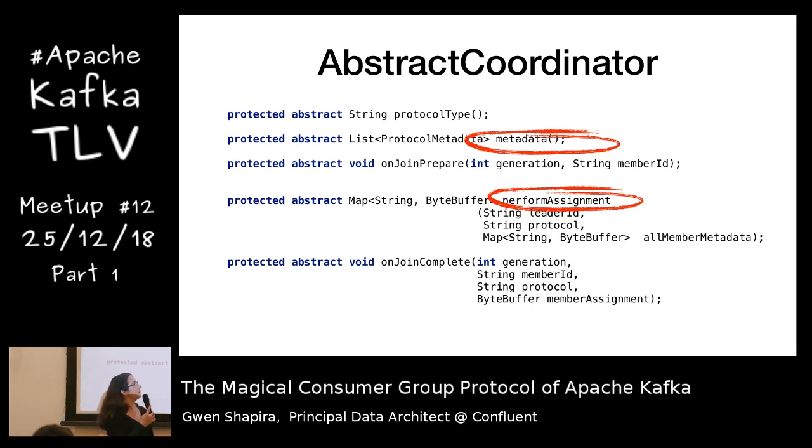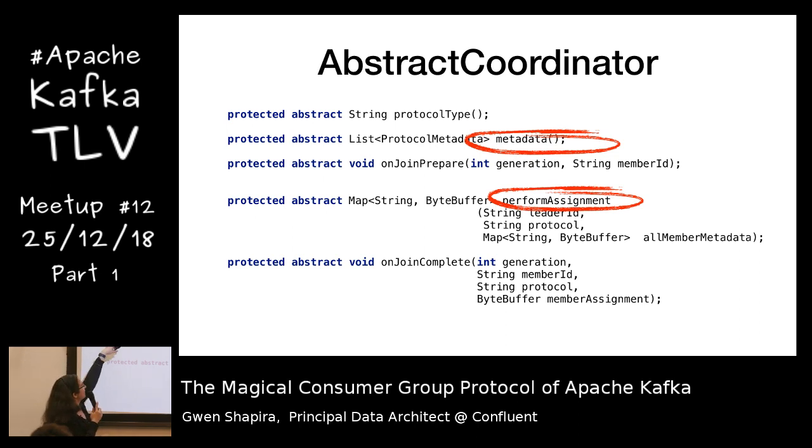You override your definition for metadata, what is the resource, what is the thing we're subscribing to, and you override the way leaders perform assignment. So think about it, you can implement your very own generic resource assignment protocol by implementing two methods. And this is why I think it's a much nicer way to do things than use Zookeeper.